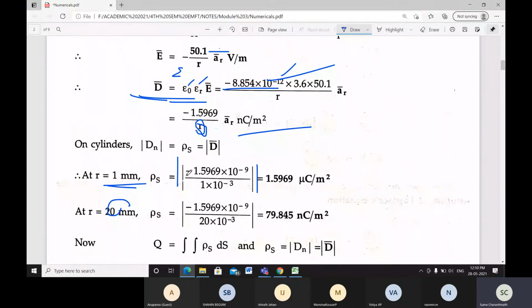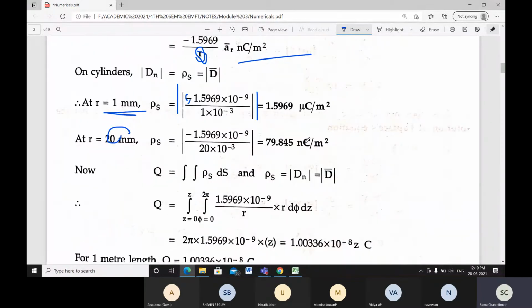Instead of minus, it will be plus, because it is a mod, for that reason 1.5969 microcoulombs per meter square. In the same way, instead of R as 1, you replace it as 20, then you will be getting rho s as 79.845 nanocoulombs per meter square.